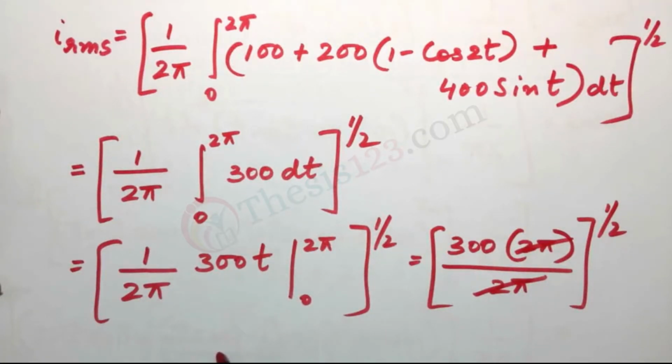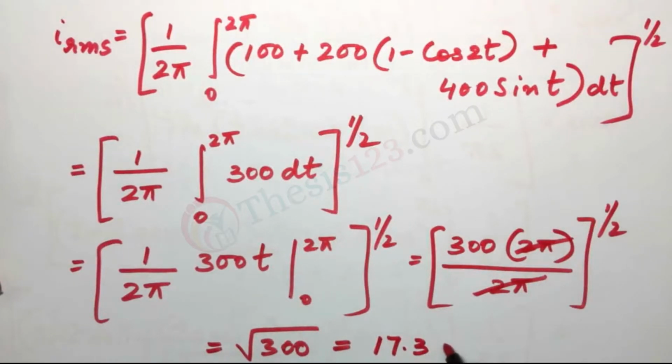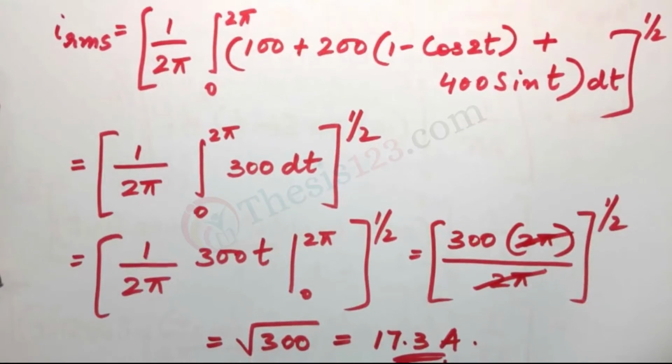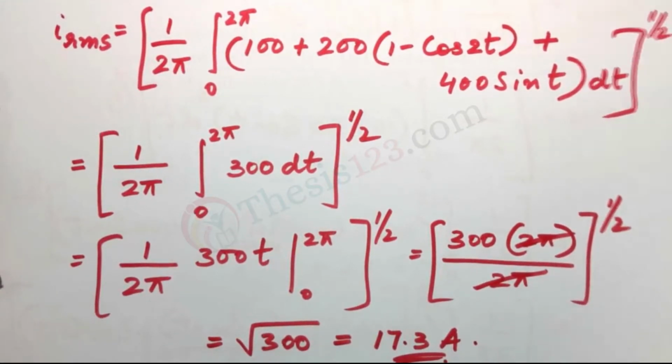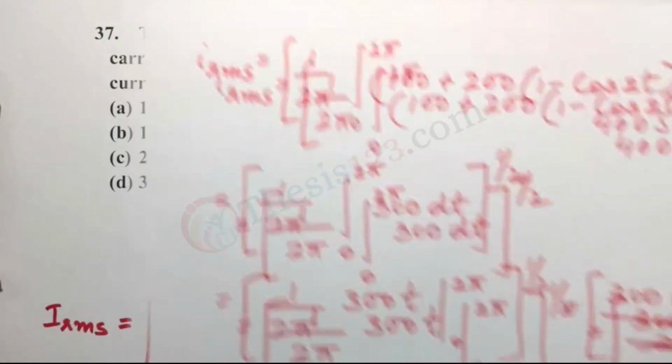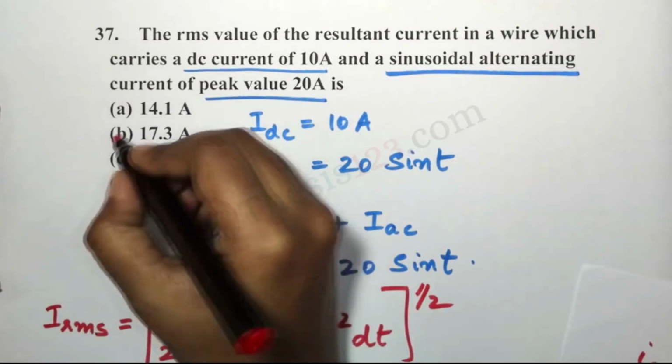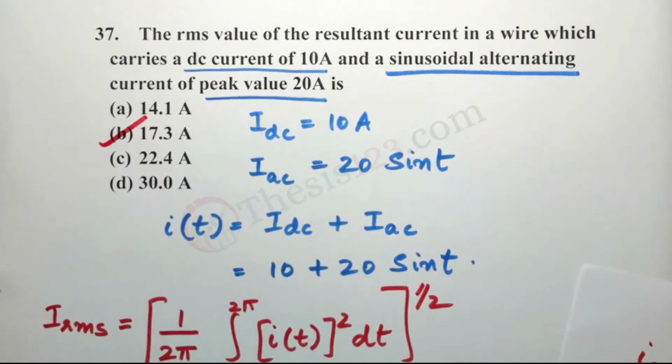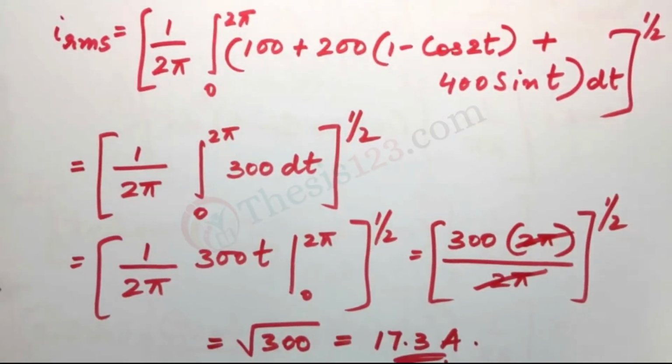So root 300 gives us a value of 17.3 amps. So 17.3 amps is the final answer. And that matches with option B. So here for this question, the final answer is B, 17.3 amps.